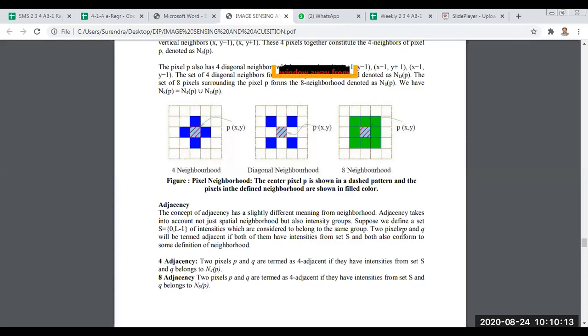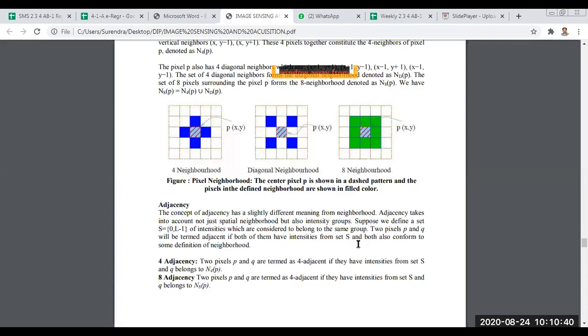Let us consider there are two pixels p and q, which will be termed adjacent if both have intensities from the set S. So the set S is common for both p and q, meaning both must have the same intensities, but one pixel is from the first image and the second pixel is from the second image. Are you clear?